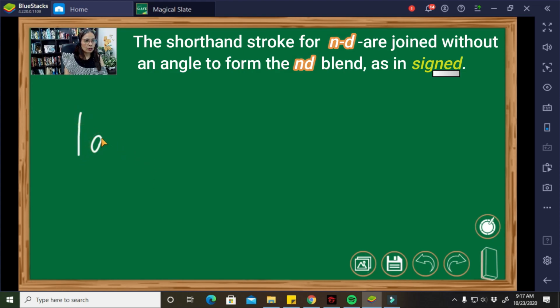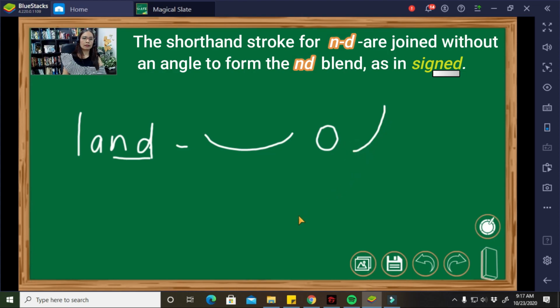The first example is the word land. We have ND here, so we take the sounds: the L, and A is represented by a big circle again, and the ND blend. Let's join that.